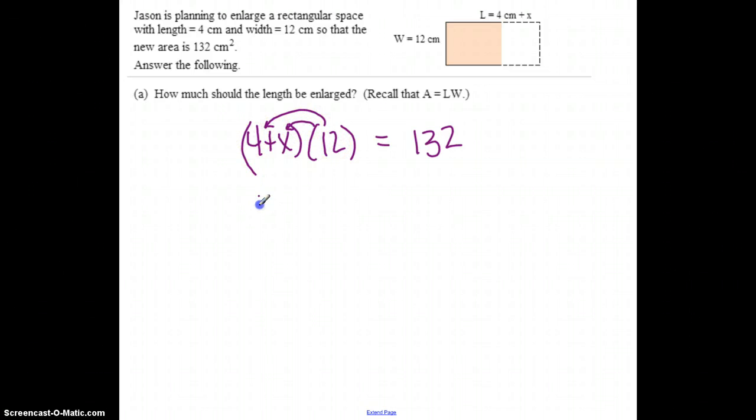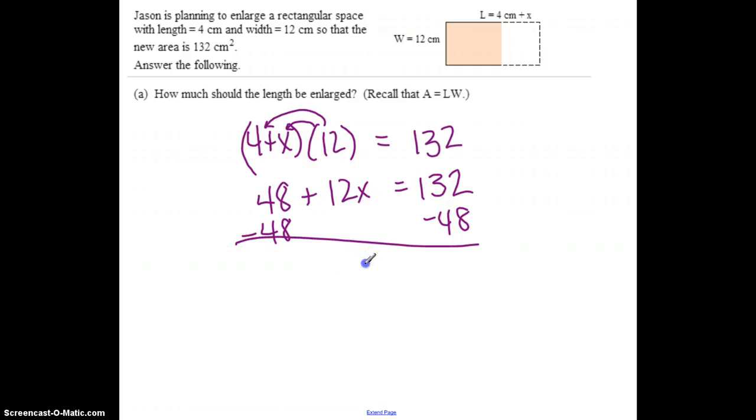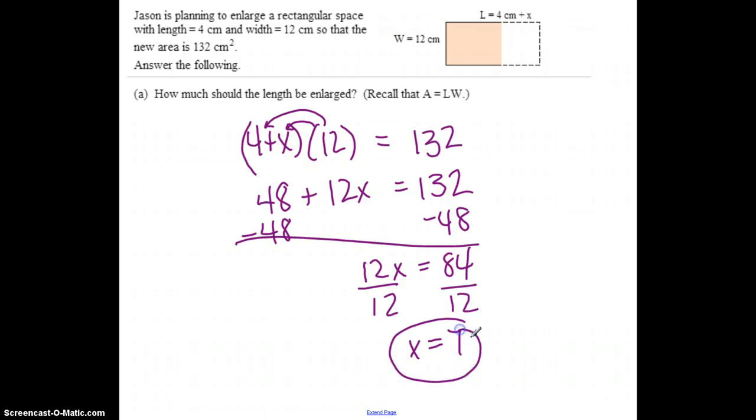So 12 times 4 is 48. 12 times x is 12x equals 132. Subtract 48. So 12x equals 84. Divide by 12. So x equals 7. So this enlargement would have to be by 7 for this to work.